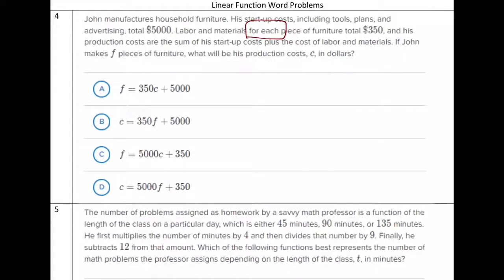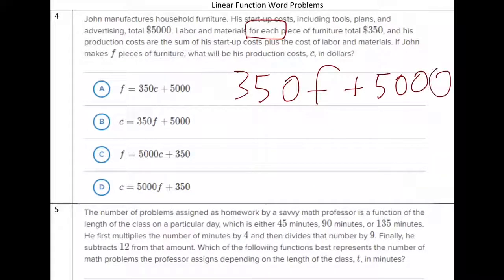That tells us that the variable will be attached to 350. And which variable do we attach? The total production cost, C, or F, the pieces of furniture? Well, it's F, because it's $350 per piece of furniture. And we will add to this the $5,000, and that represents C, or the total production costs. So B was our best answer.